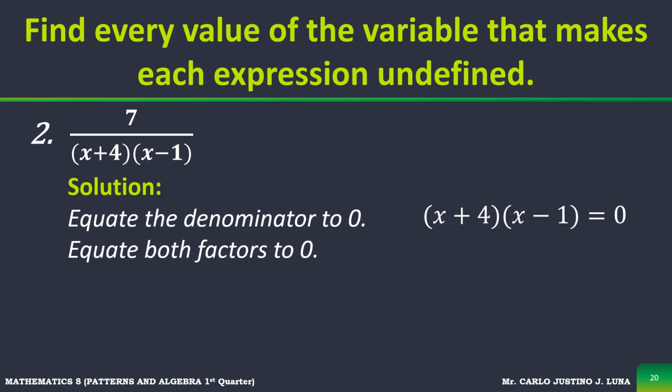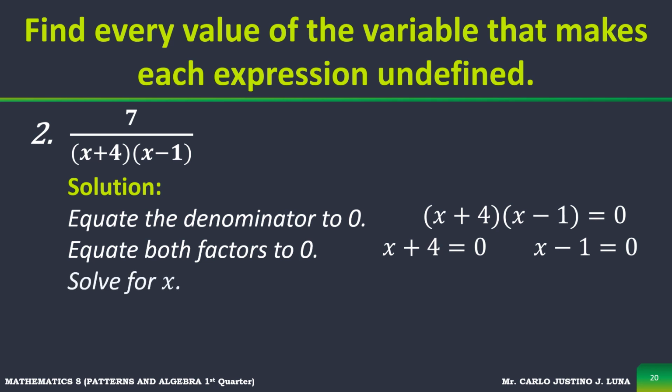Ibig sabihin, paghihiwalayin natin yung dalawang factors, yung dalawang binomial. And then, equate natin sa 0. So, magkakaroon tayo ng x plus 4 is equal to 0 and x minus 1 is equal to 0. Pinaghiwalay lang. Okay?